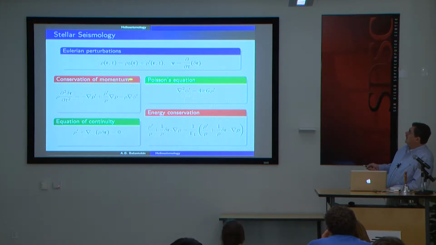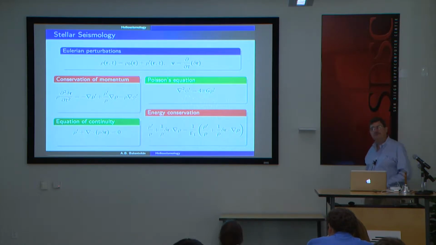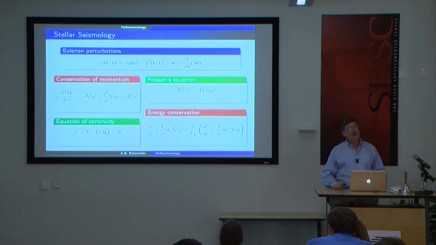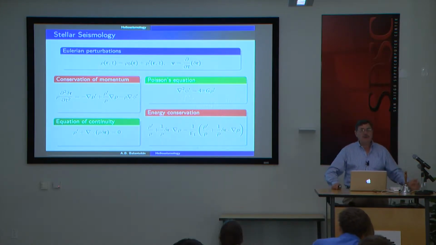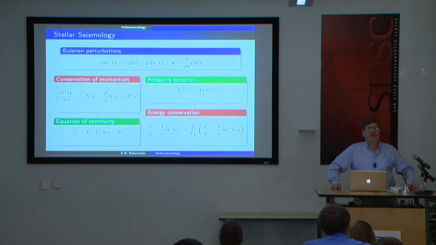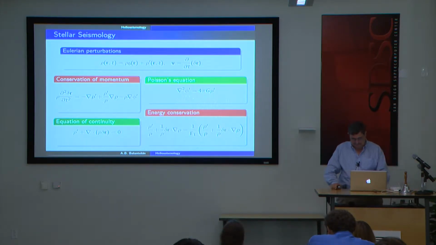And then you take this Eulerian perturbation and insert it into those four equations and get the equations describing the perturbed quantities. These four equations together will describe the vibrations of the star.